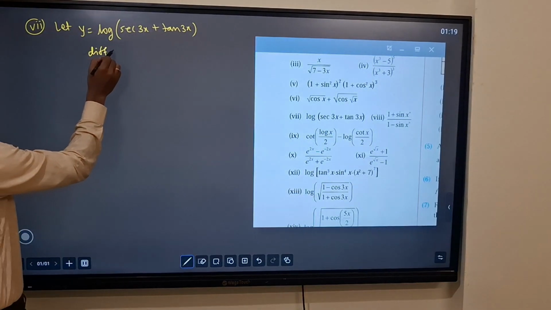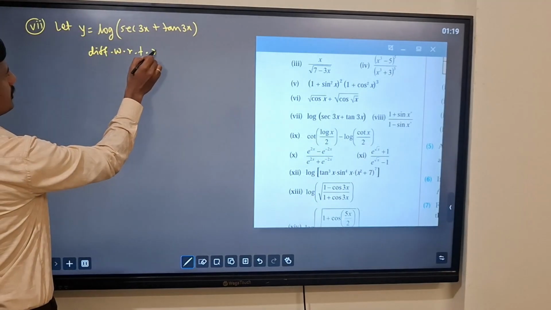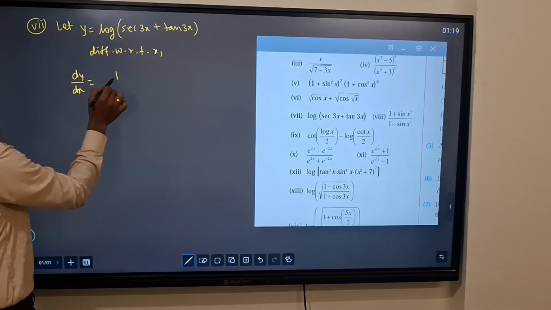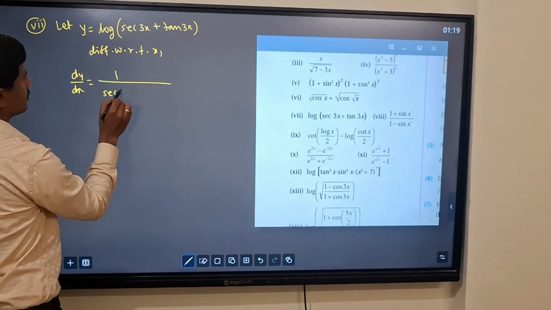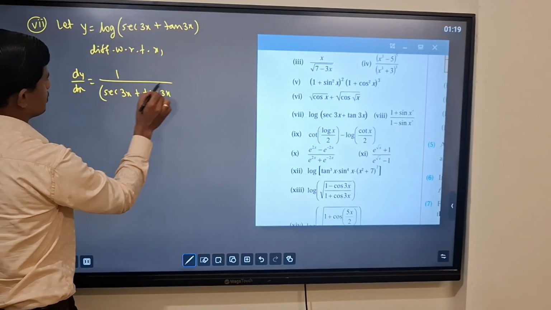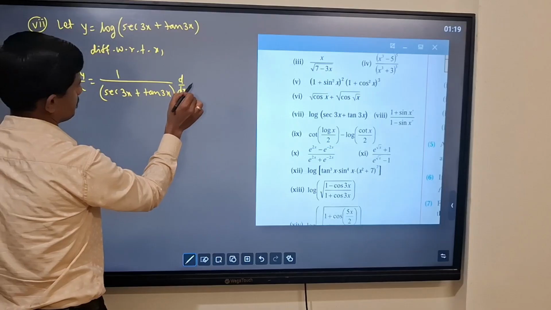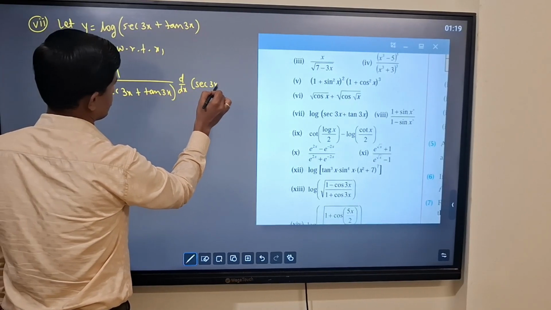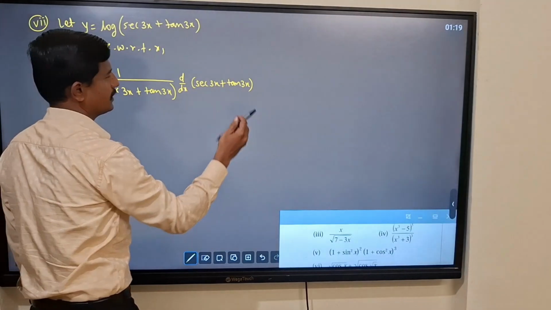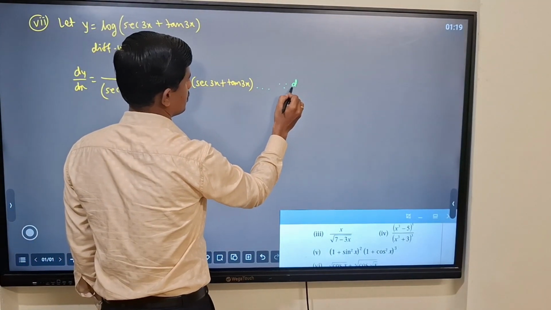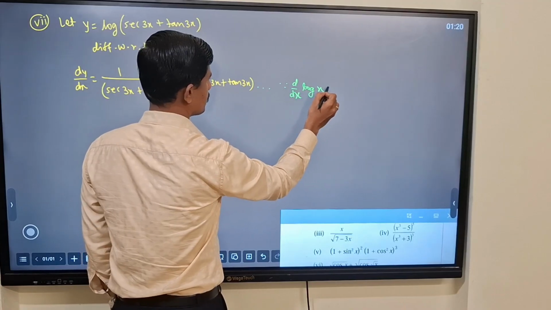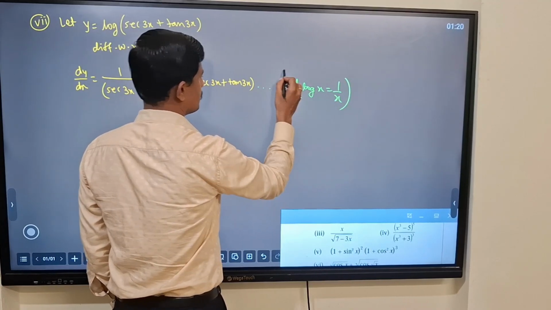Differentiate with respect to x. dy by dx is what? 1 upon sec 3x plus tan 3x d dx of sec 3x plus tan 3x. Here we used formula d dx of log x is 1 upon x.